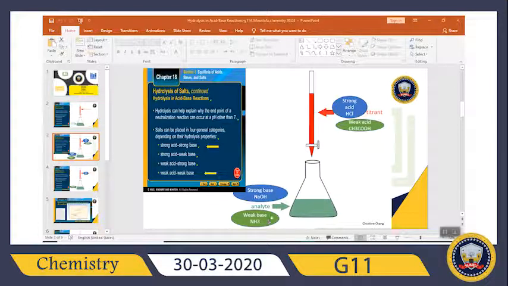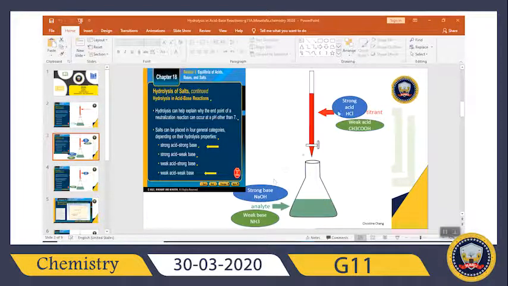In this reaction, the result from hydrolysis of the products in water will be neutral, so the pH will be around 7. So in this reaction we will explain the hydrolysis of the Cl minus in the solution, Cl, which is the anion of the strong acid, and cation of the strong base, which is Na.